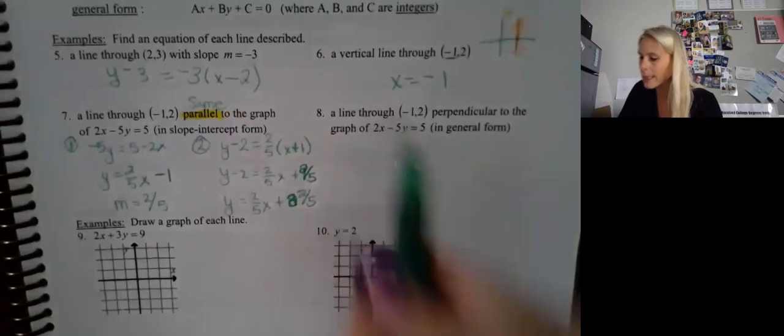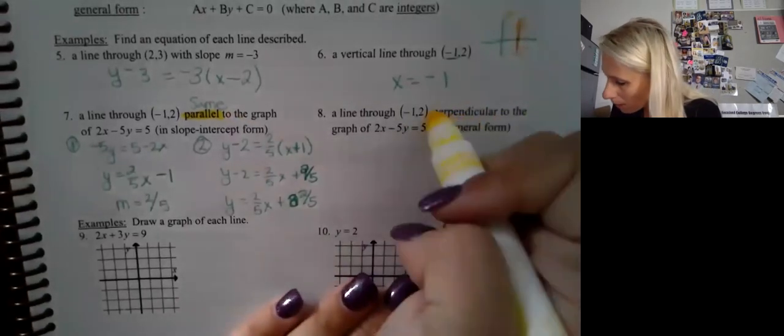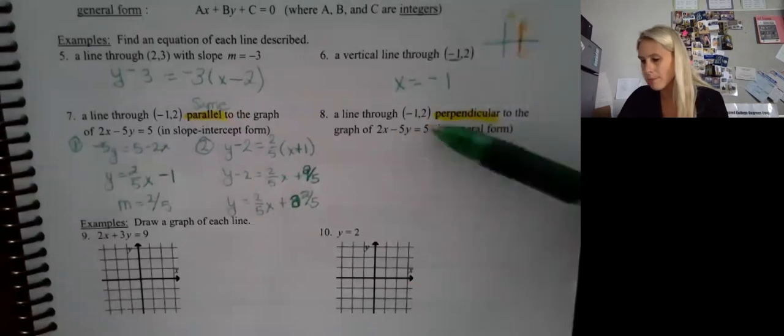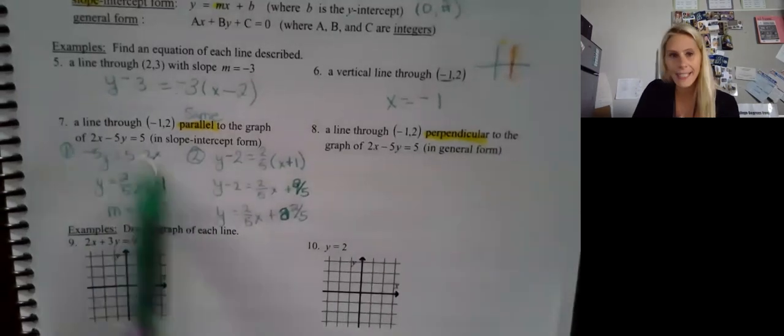All right, number 8 here. So we have a line through the same point, but we're dealing with perpendicular. Well, what I want you guys to notice is that we have the same point and the same equation. So we don't have to rearrange it again because we already did it right here.